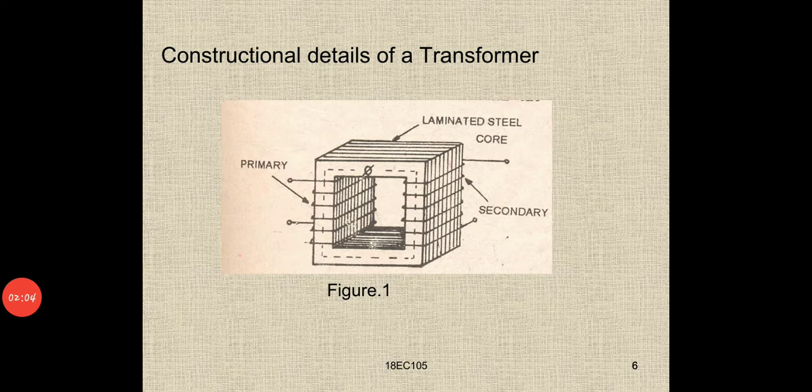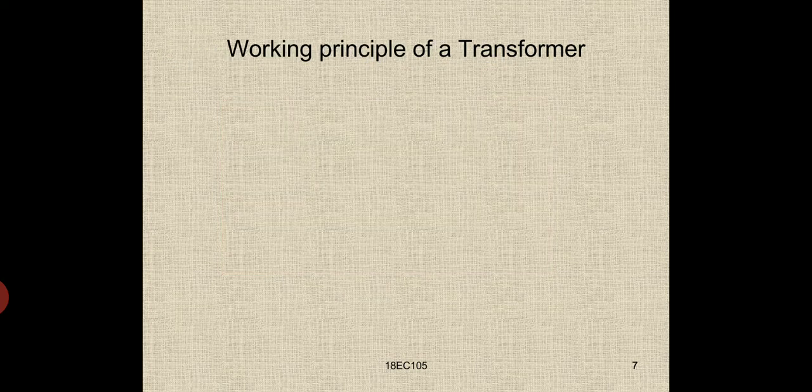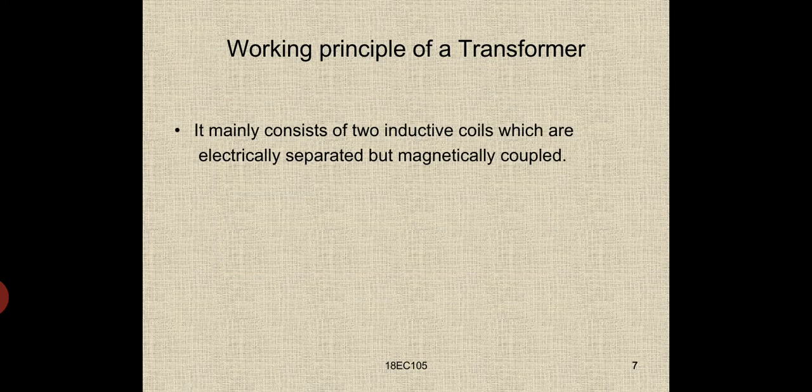The transformer will have a laminated steel core, as you can see in the figure. Then you have a primary winding and you also have a secondary winding. This type of core is called as CI or U and I. So they are linked up like that. We have to close the magnetic circuit of the transformer of the two coils. Only then there will be interaction between the two.